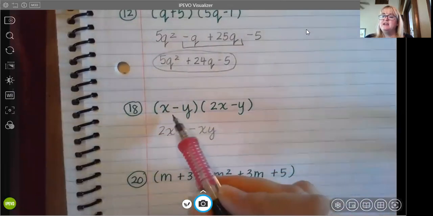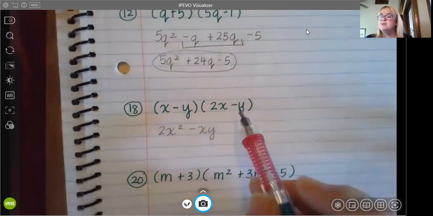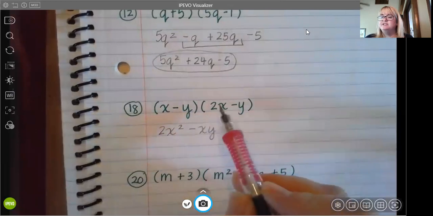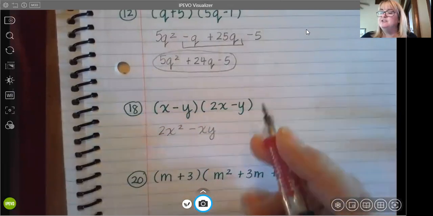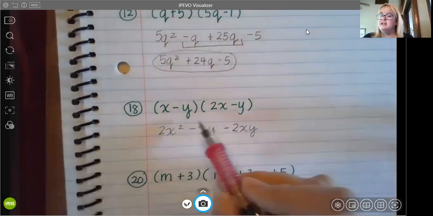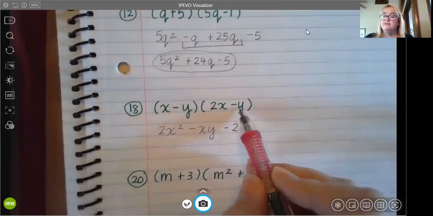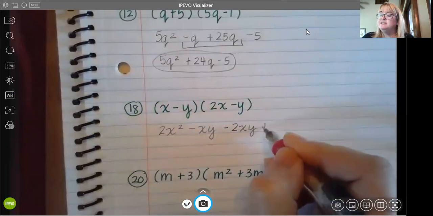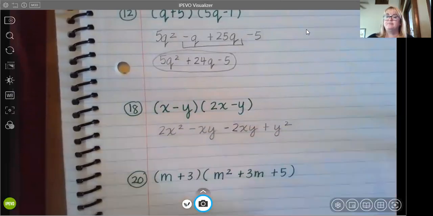Now we need to do the negative y times both terms. Negative y times 2x would be negative 2xy. And then negative y times negative y, that would be positive y squared.